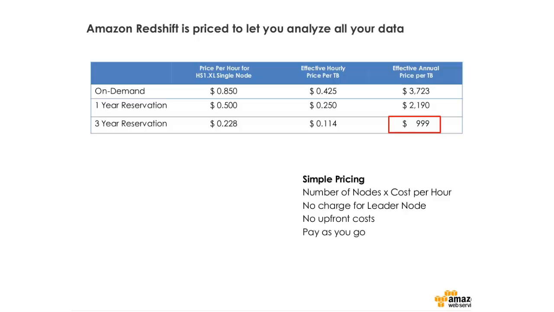And the 8XL is just 8 times this on the hourly rates, but because it has 8 times the storage, your cost per terabyte per year is exactly the same. And the pricing model is simple. We don't charge for the leader node. It just depends on how many nodes you're running in your cluster and how many hours you run them.